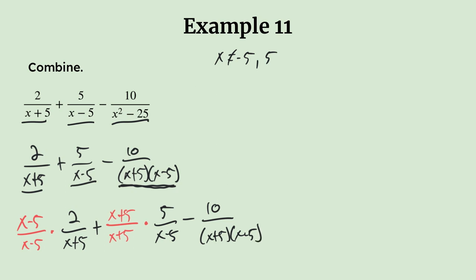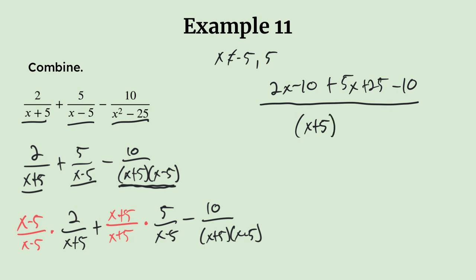Okay, coming up here to the top, we'll have 2x minus 10 plus 5x plus 25 minus 10 all over that x plus 5, x minus 5.